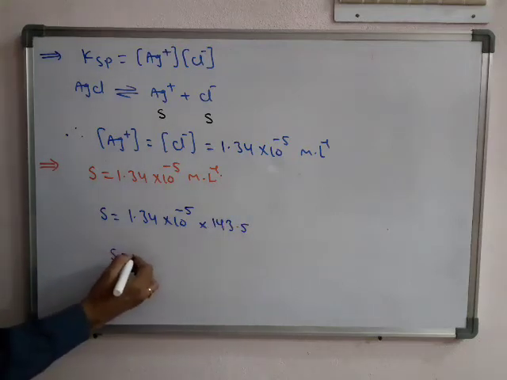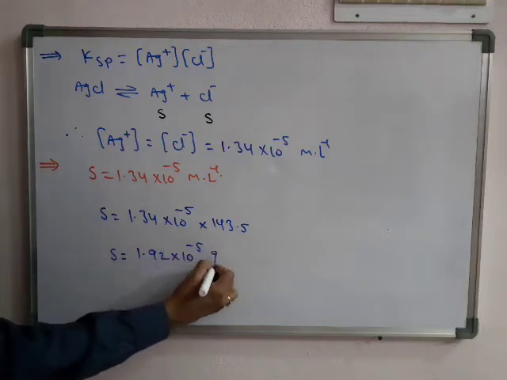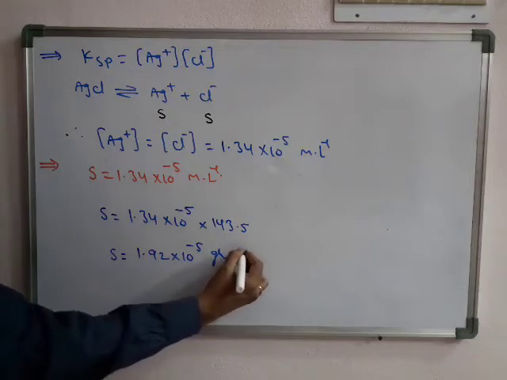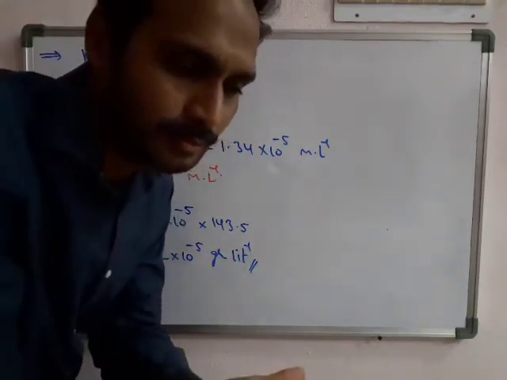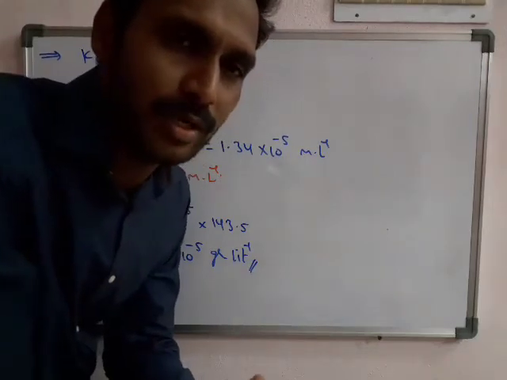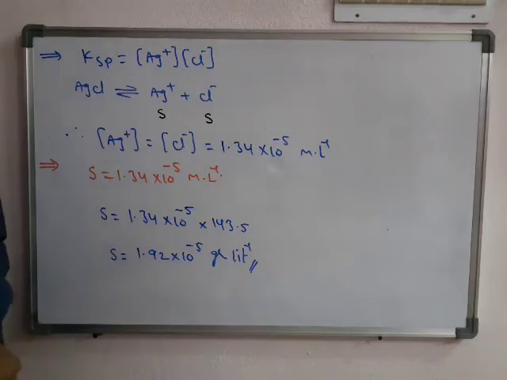Now in terms of grams, that is 1.92 into 10 power minus 5 grams per liter, meaning how many grams of silver chloride dissolve in 1 liter.